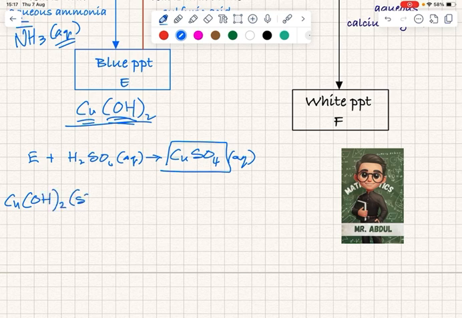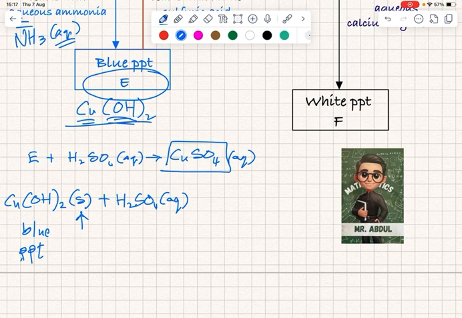This is a solid, obviously, because it's the blue precipitate, plus sulfuric acid, H2SO4(aq). It will produce copper sulfate. Nothing else can be produced: copper sulfate plus, from the OH and H, what else? Water.